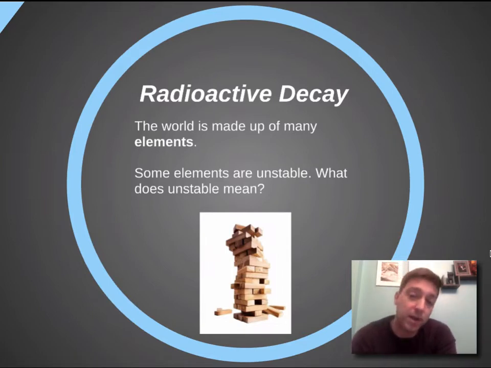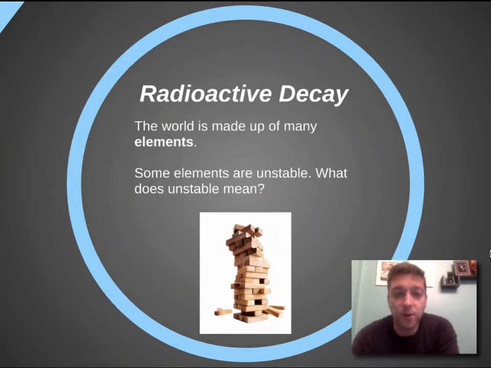So what do I mean by radioactive decay? Well, as we studied earlier this year, the world is made up of a little more than 100 elements that are on the periodic table, but some elements are more unstable than others. What does unstable mean to you?